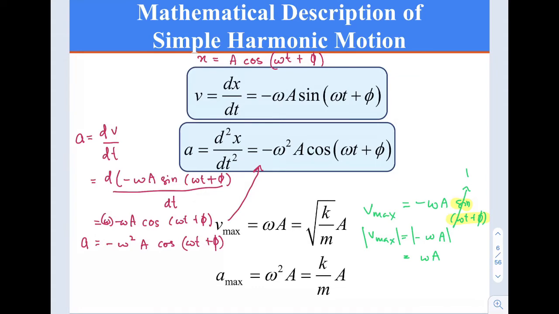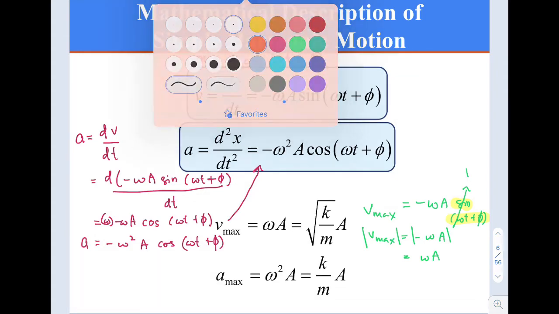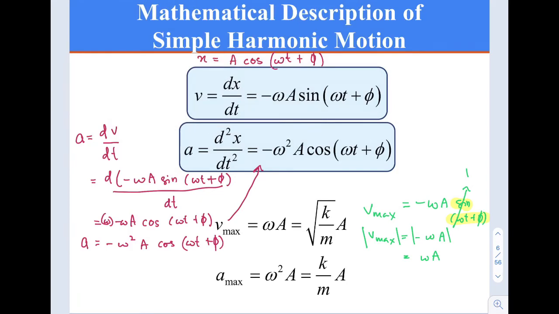The same goes for a max. When you talk about a maximum, you are talking about negative omega squared A cos(omega t plus phi). The maximum value for this function should be 1.